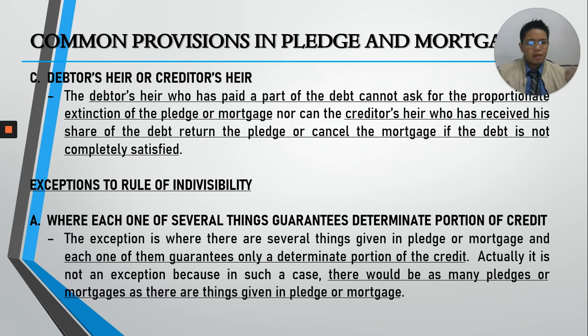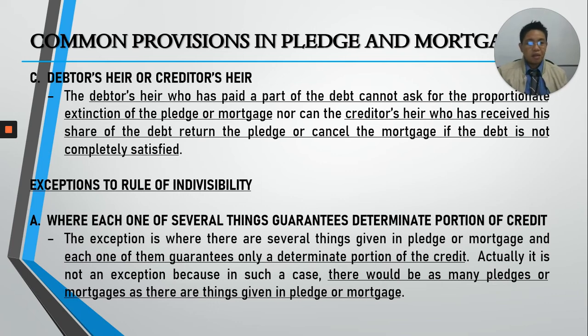So example, ang utang ko sa inyo is 100,000 secured by a gold ring and also a vacuum cleaner. So ang vacuum cleaner secures a 10,000 portion of the debt, and yun namang gold ring secures a 90,000 portion of the debt.